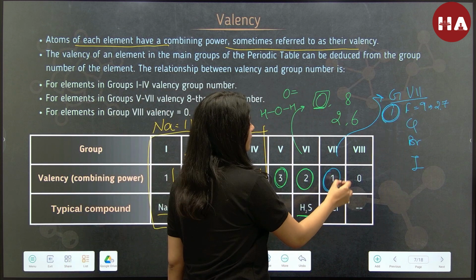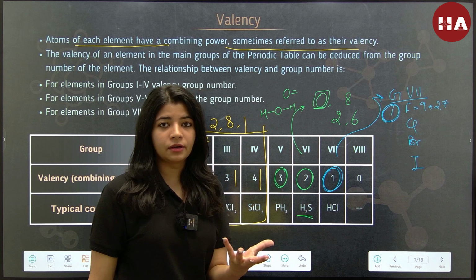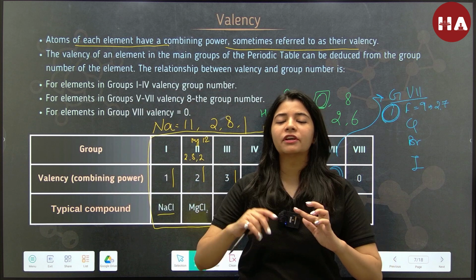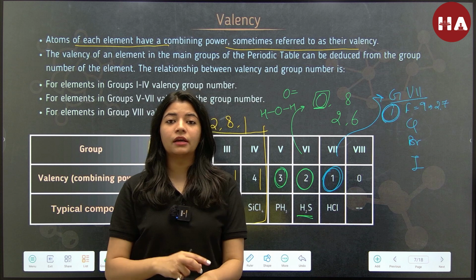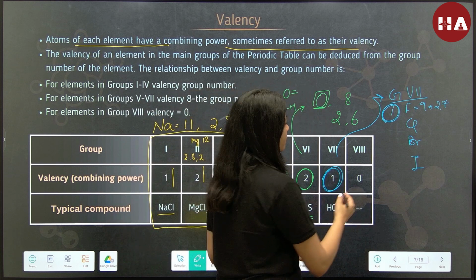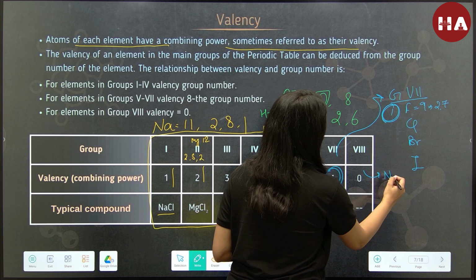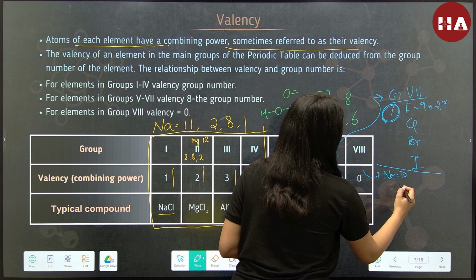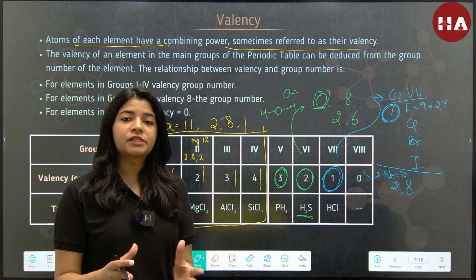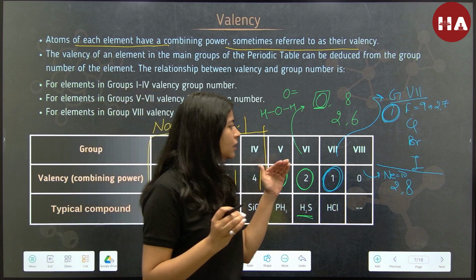But when we talk about group 8, the noble gas elements group, in which helium, neon, argon are all present, the electrons are fully filled. Like for example, let's talk about neon, which is atomic number 10. Here the electronic configuration is 2, 8. It is absolutely stable in its natural form.